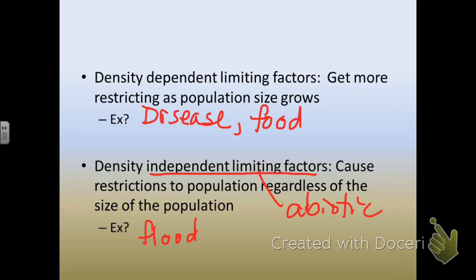So it's not like the problem gets worse because there are more individuals present. So a flood's a good example. Another example that would be density independent would be something like fire, a forest fire.